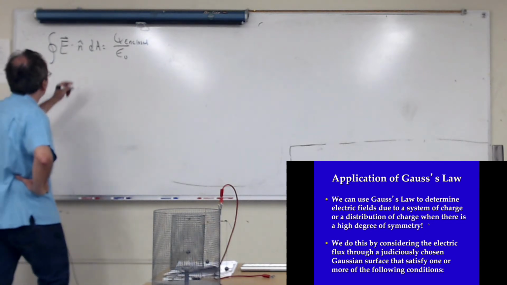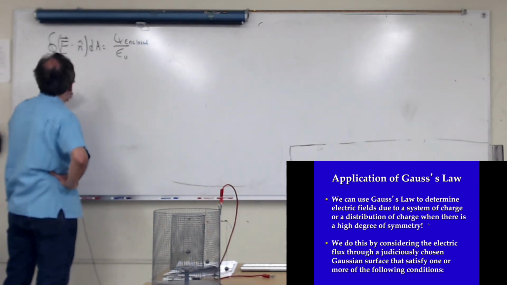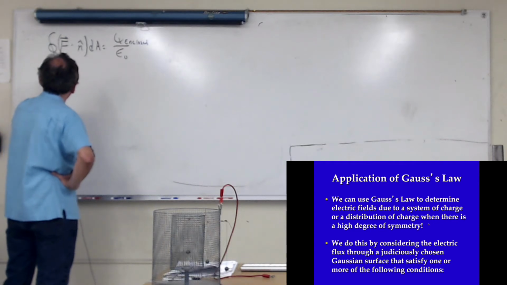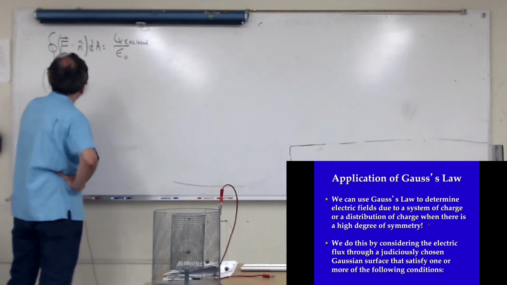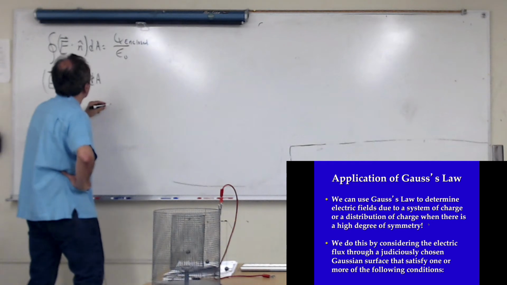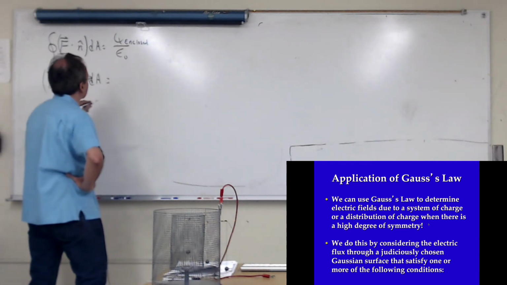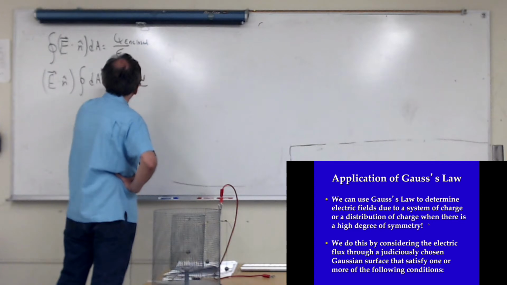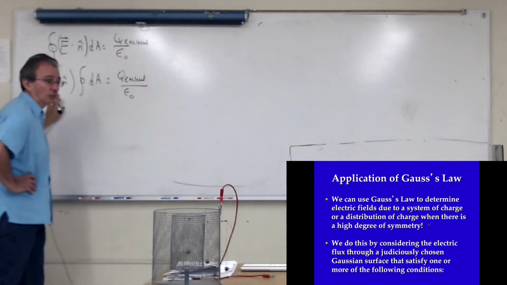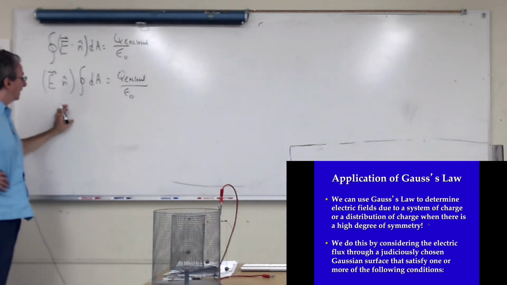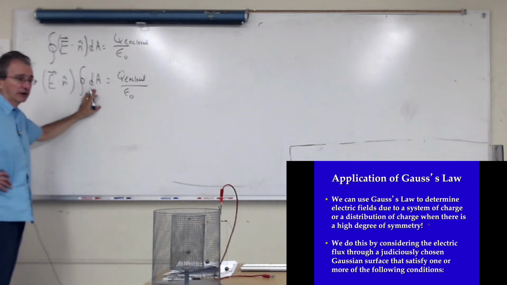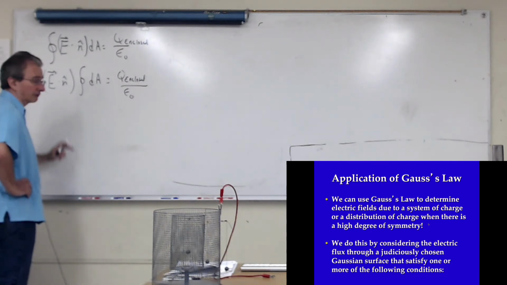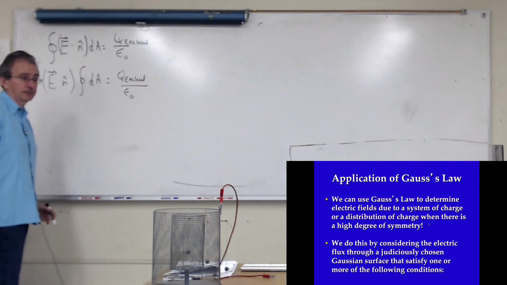If I can pull this dot product out of the integral this way, and I know what this dot product is, then that integral over an area is easy. I can solve for E, because if I know this and know this integral, I can solve for E. Okay?